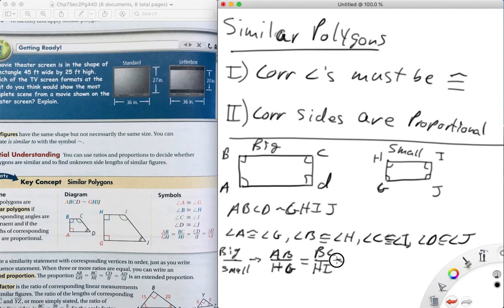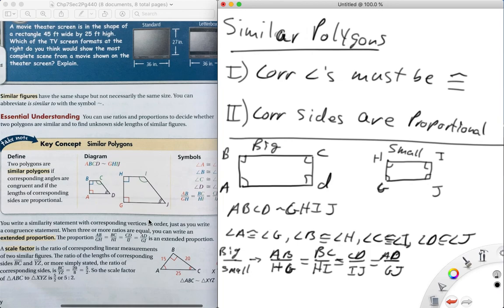CD on the right over IJ on the bottom, AD on top, and then GJ. Alright, these guys are all proportional. That's one extended proportion. All of the proportions are going to be the same. That is a similar polygon.